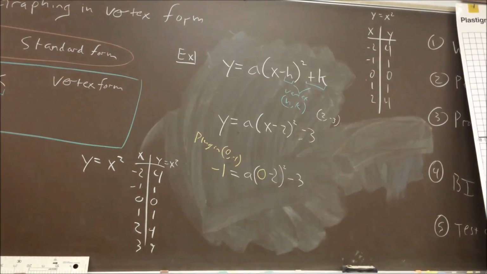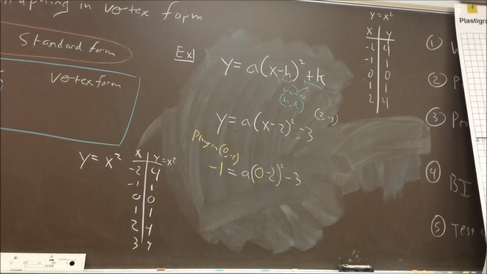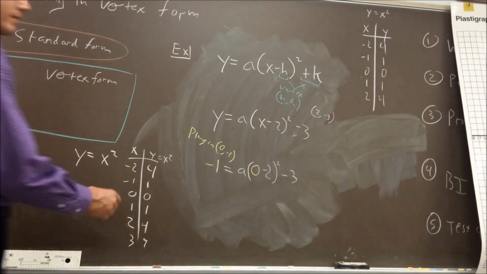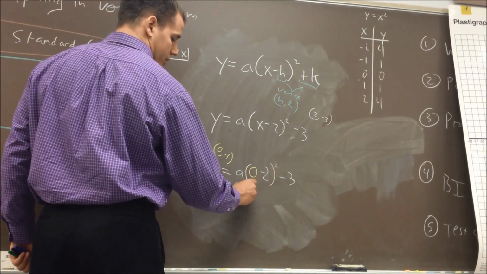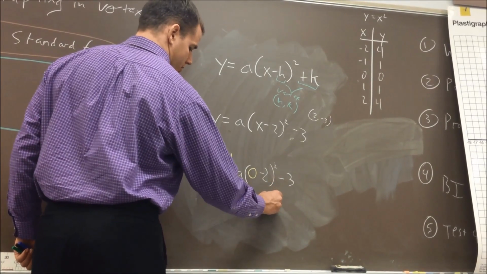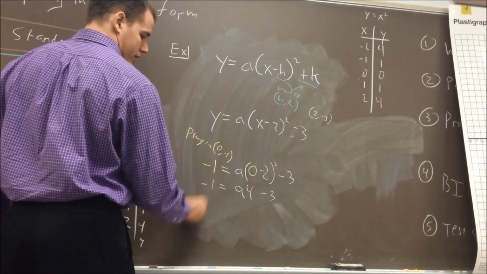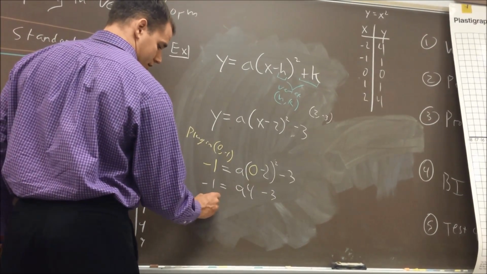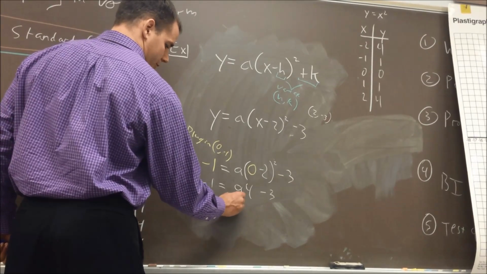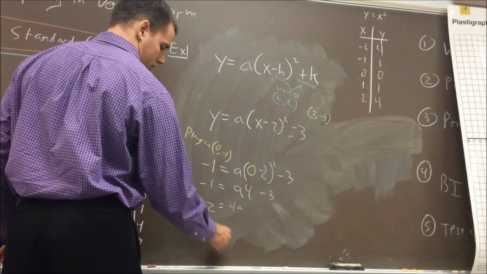My turn. Raise your hand. Who's got it? Where does it start? 1/2. Yes. This is negative 2 squared, which is 4, minus 3 is equal to negative 1. Oh, let's add 3 to both sides. That's going to give me 2 is equal to 4a. Divided by 4.